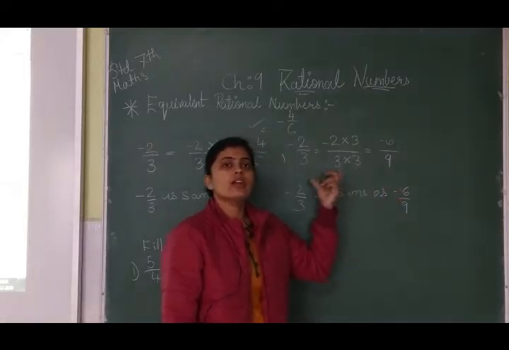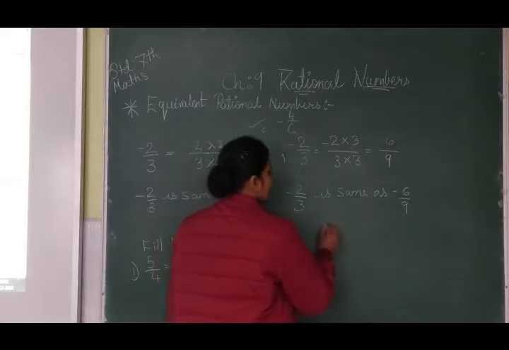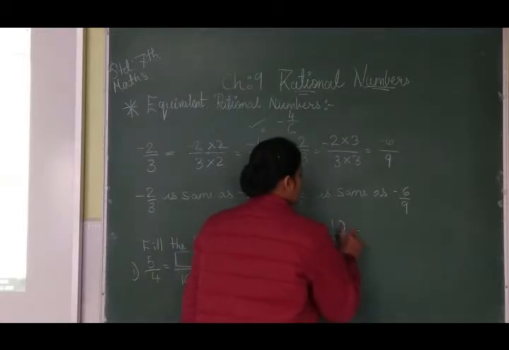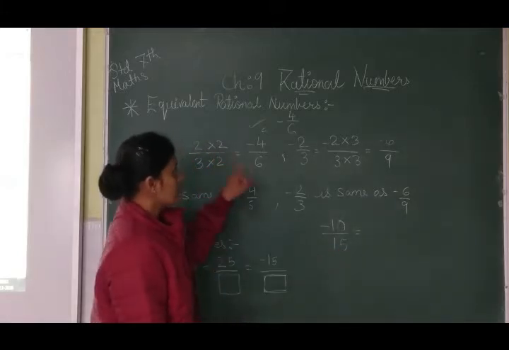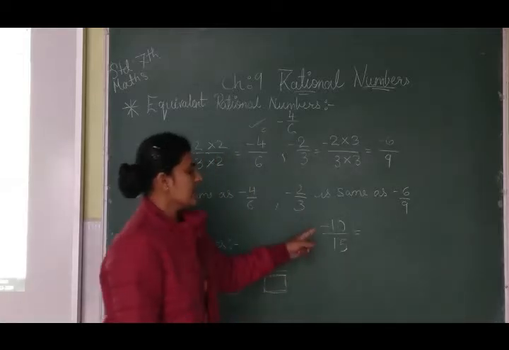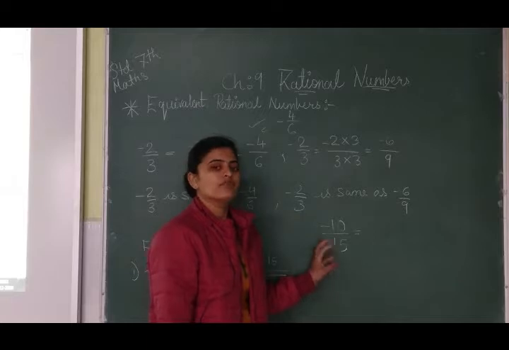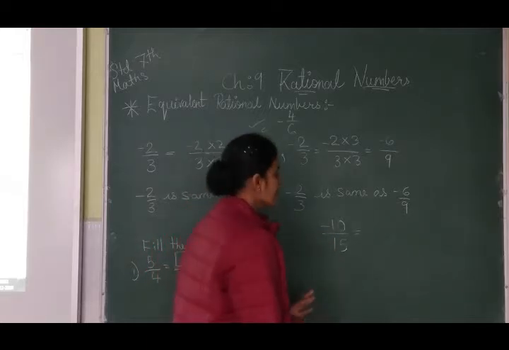Here we have used multiplication. We can use division also for finding the equivalent rational number. Here is another example, minus 10 by 15. If we want to find another equivalent rational number, what is common between 10 and 15? 5 is common, so we can divide both numerator and denominator by 5.